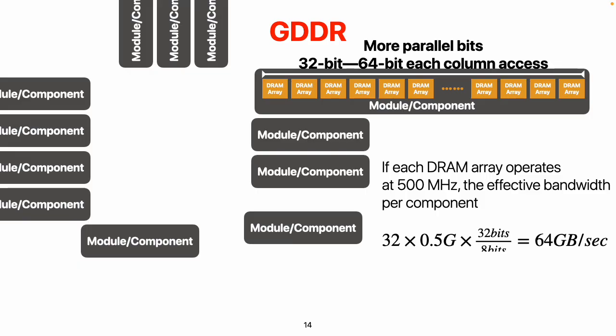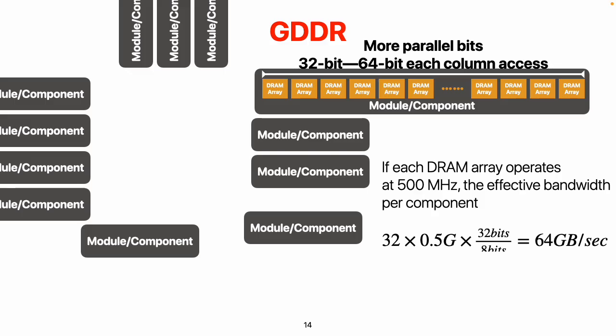First of all, both banks and channels allow operations to be performed in parallel. However, what really makes a difference between a channel and a bank is that each channel has its own unit to receive a command. So within the same cycle, you can issue multiple commands to multiple channels.